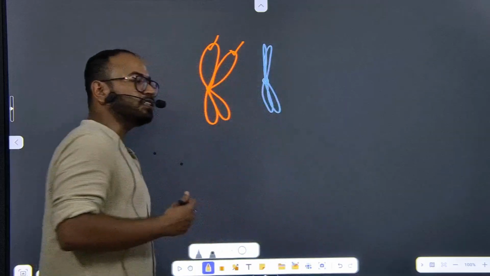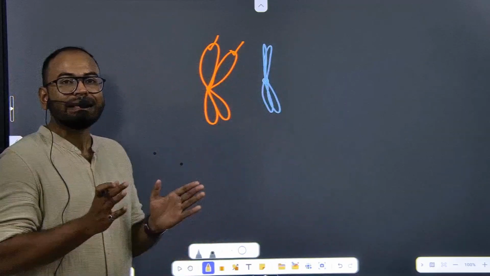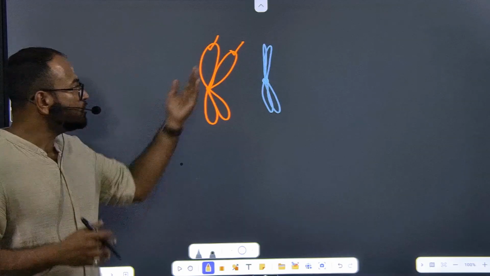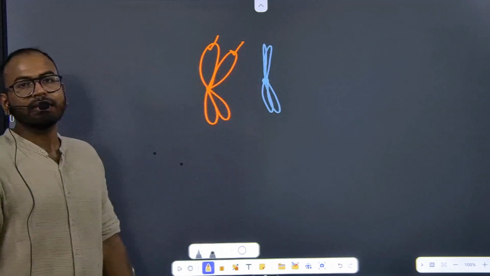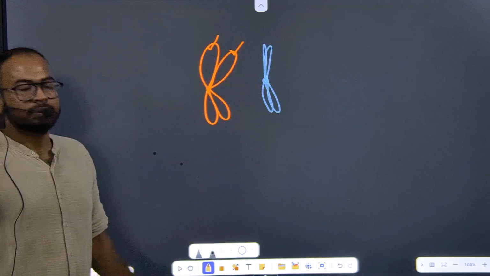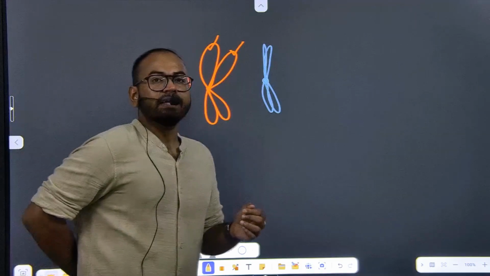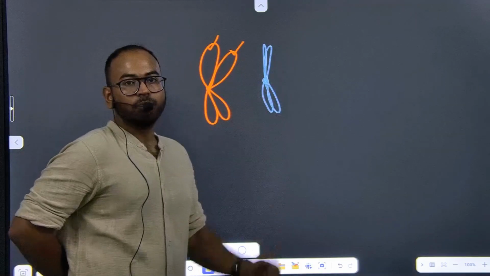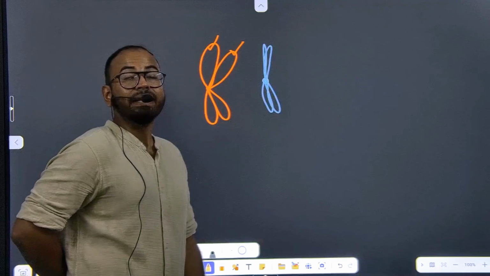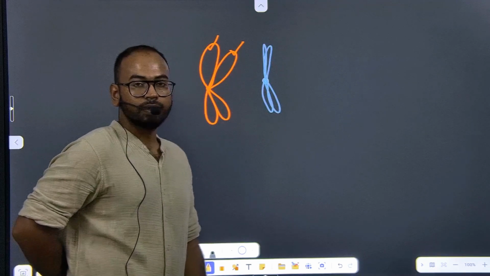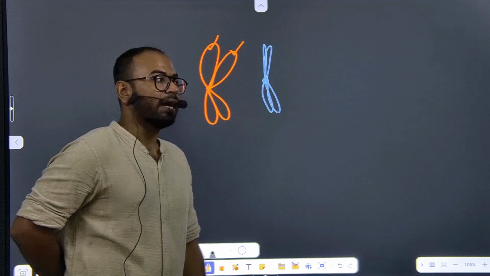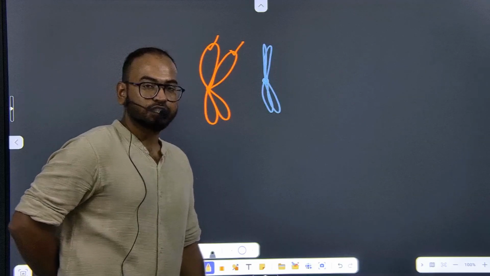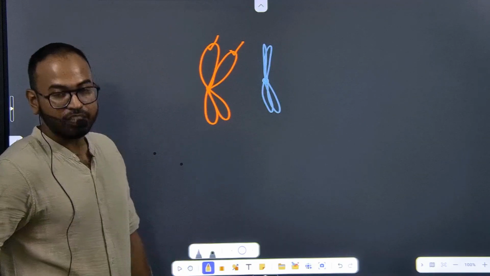Before going into that, first we need to understand why these two chromatids are connected with each other. The connectivity or the stickiness that you are observing in the metaphase plate is conducted by a specific group of proteins called cohesin.